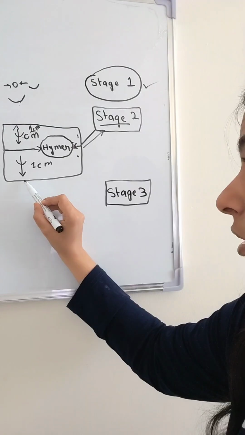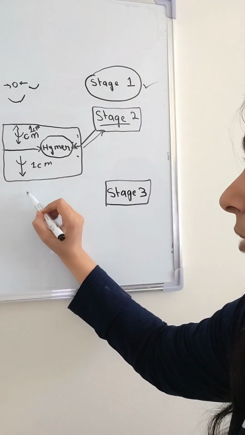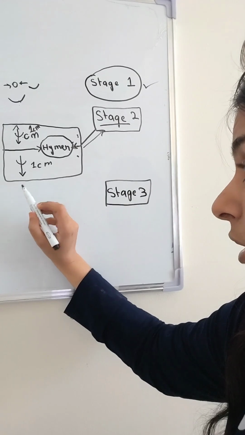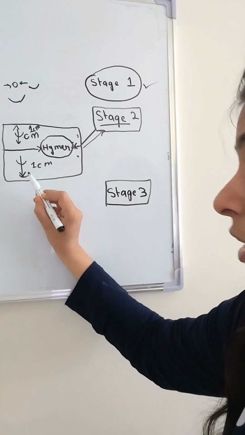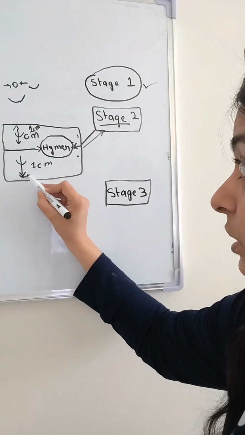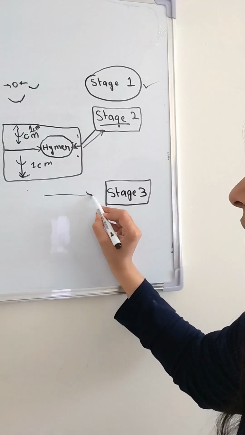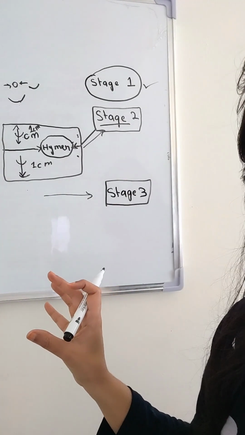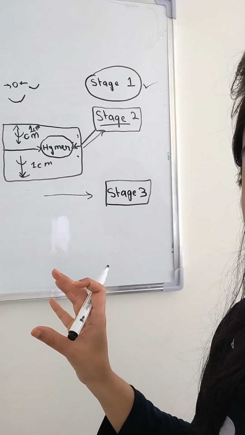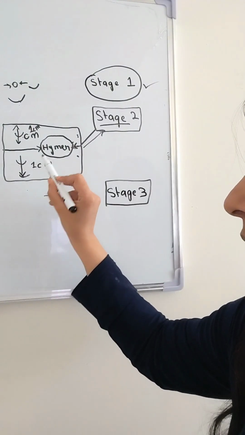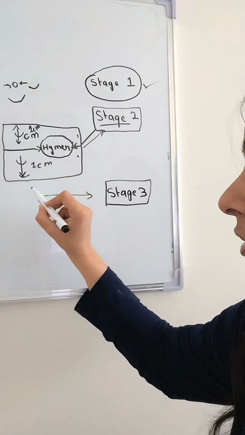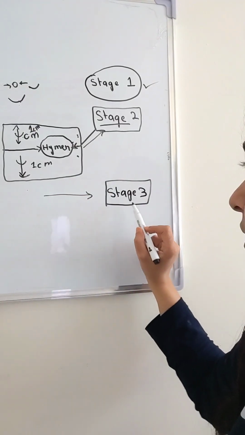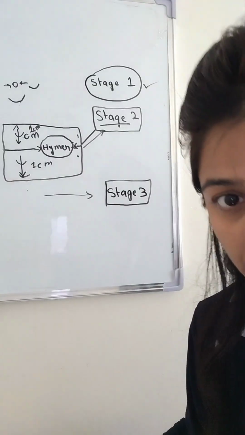It is more than 1 centimeter, but still not fully out, not fully emerged, but it has crossed the hymen by more than 1 centimeter. So now we will classify it as stage 3.